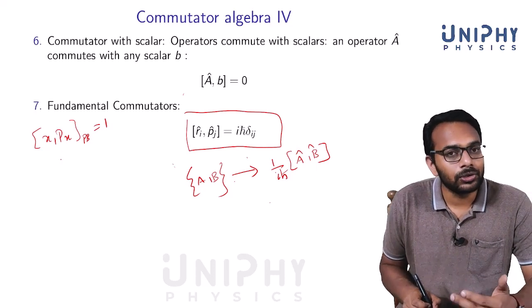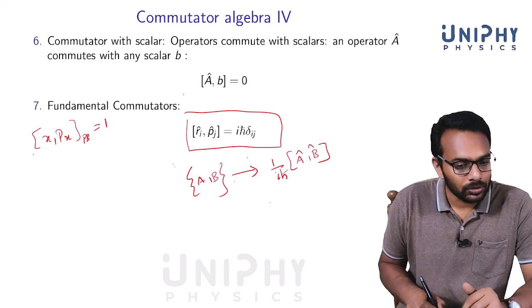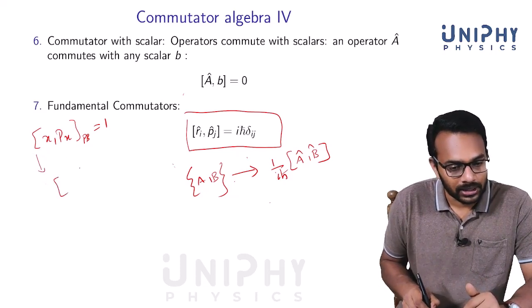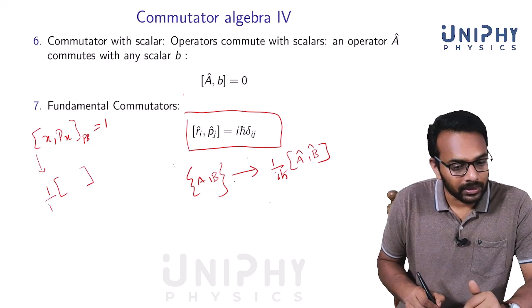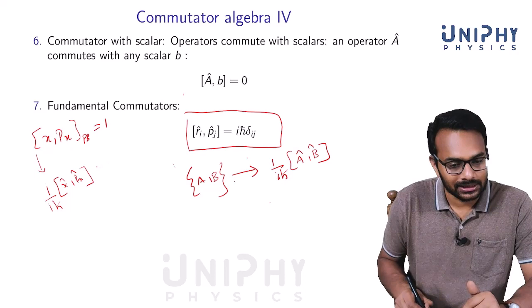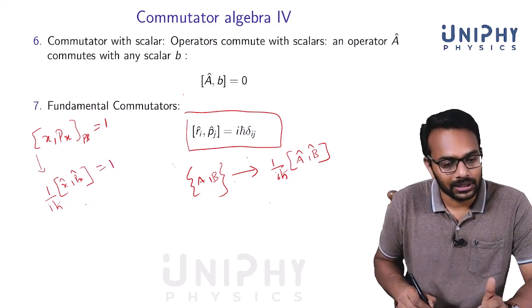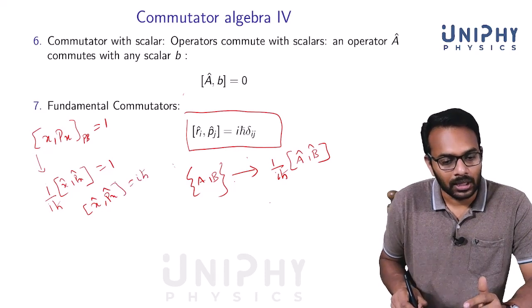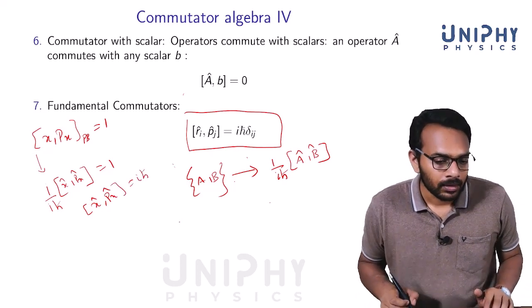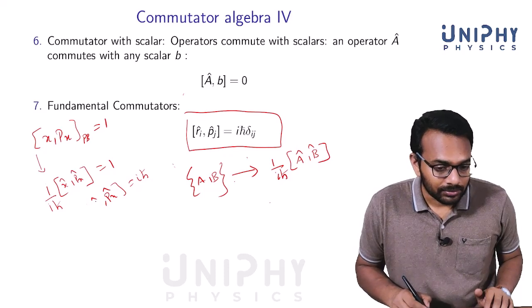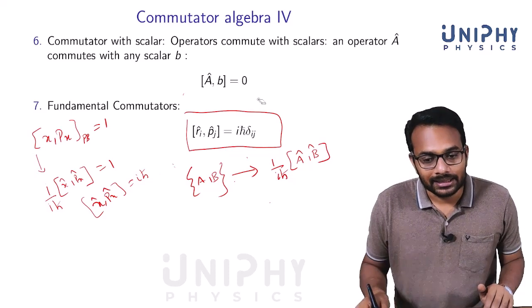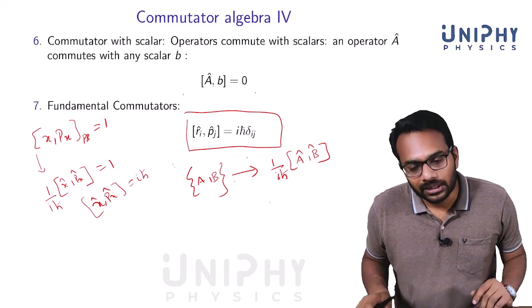So to go to the corresponding quantum mechanical thing, you change this Poisson bracket to the corresponding commutator with a factor of 1 by iħ, and the things appearing inside, you write them as operators and put equal to 1. Then you get the fundamental commutator, x with px equal to iħ. You just cross multiply. So this is something that makes things rather easy. I want you to remember this, it is a fundamental commutator. You have to remember this.